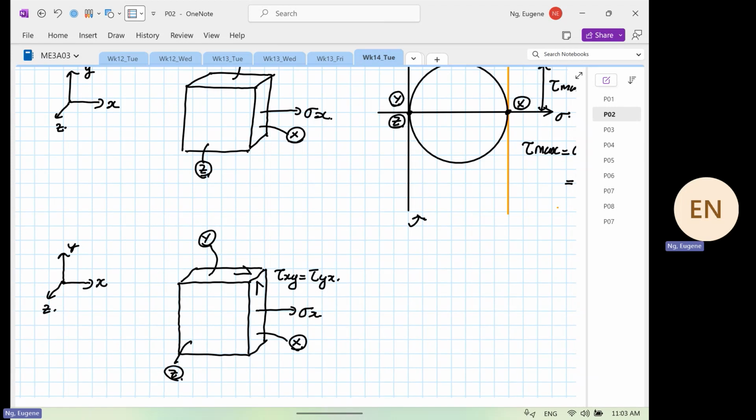Now, this stress state, have you seen this stress state before? Most of the time, under any sort of combined axial load, bending, and shear and torsion, we usually have this sort of stress element distribution, yes or no?